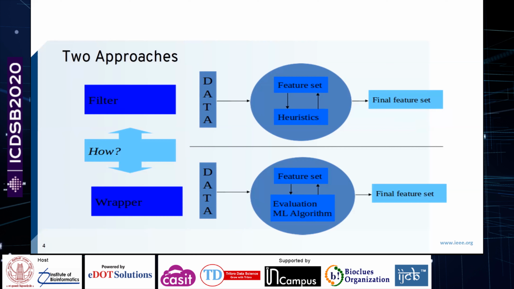Like that, we can quantitatively rank attributes by using filter ranking algorithms. Whereas in the wrapper algorithm, we have to employ machine learning algorithms multiple times, and then we get as the output of the wrapper methodology the final subset of attributes which correlate to the particular problem at hand.